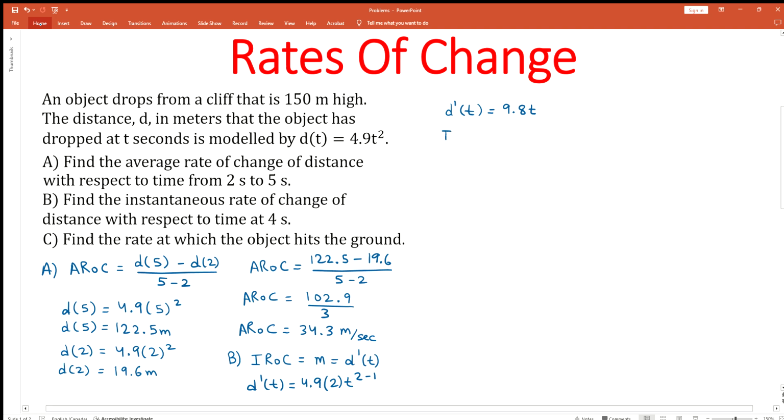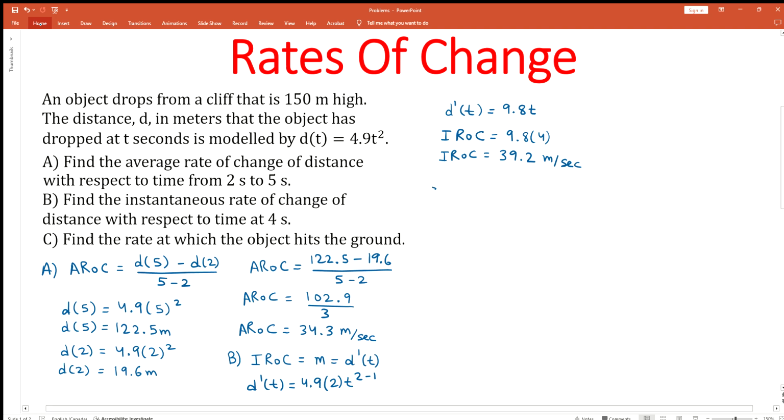So for IROC, we have to sub in t as 4 in the derivative of the d function. I get 39.2 and the unit is meters per second. This is the instantaneous rate of change at 4 seconds.